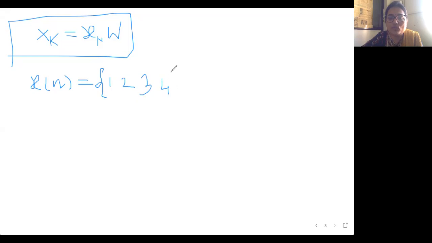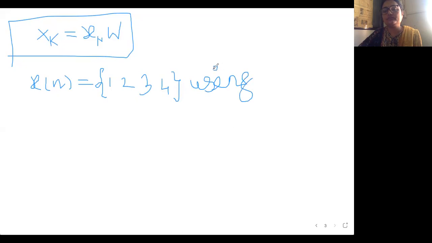So this is the input sequence. Now we want to find out DFT of this input sequence using linear transformation. Write down, calculate DFT of a sequence x of n is equal to, in the bracket, 1, 2, 3, 4 using linear transformation.